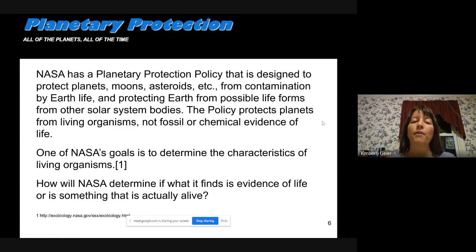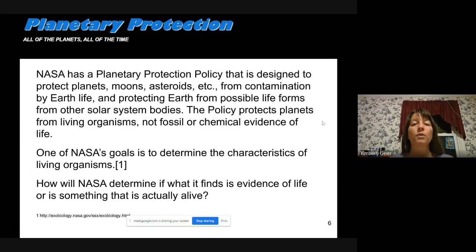NASA does have a planetary protection policy that's designed to protect planets and moons and asteroids, any of the places that we go. There is a protection policy that helps to protect those places from the spacecraft we're sending. So we don't want to contaminate these other places with Earth life, and we also want to protect Earth from any things coming from other places.